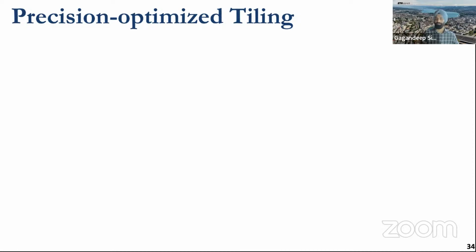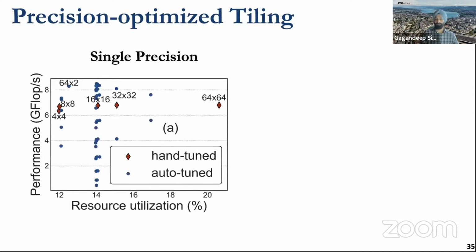Here I'll discuss briefly the effect of tiling with different window sizes. For example, here we have auto-tuning results for vertical advection for a single processing element, showing resource utilization versus performance.